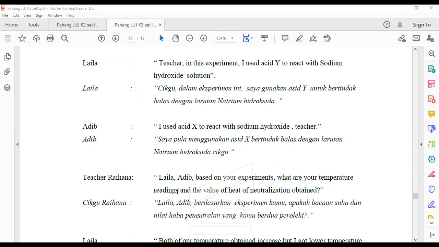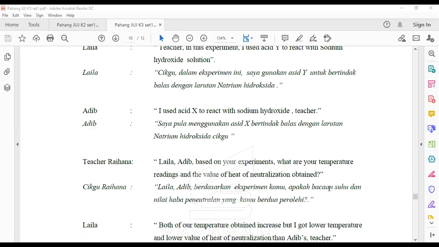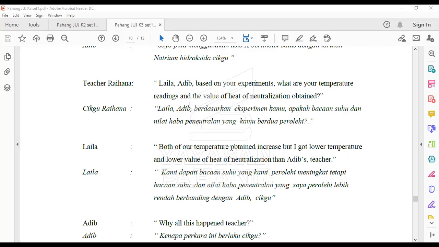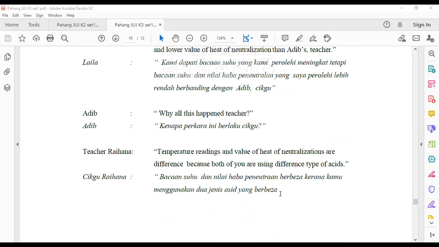Should be thermometer reading, or the temperature change and the value of heat of neutralization obtained. So in this case, they are actually determining the thermometer reading and also the heat of neutralization. And they found that both temperatures increased, but I got lower temperature and lower value of heat of neutralization than Adit. Then they are asking, why are they having this problem?